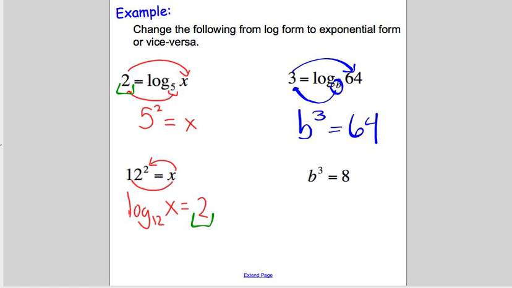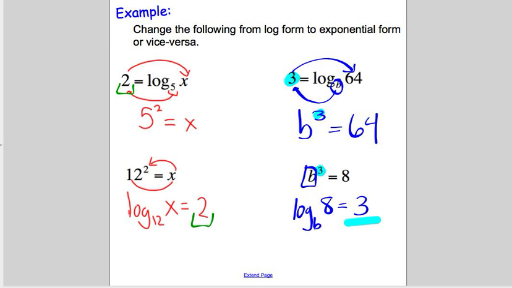So this is the base of the exponent, so I'm going to do log base b of 64 equals 3. Okay? And then remembering that this is the exponent every single time. Some key things to remember: the base of the log is the base of the exponent. That's the key here, and that's why we're using b more often than not.